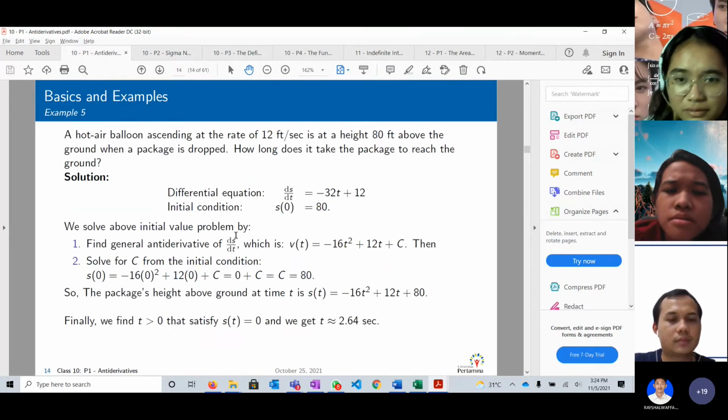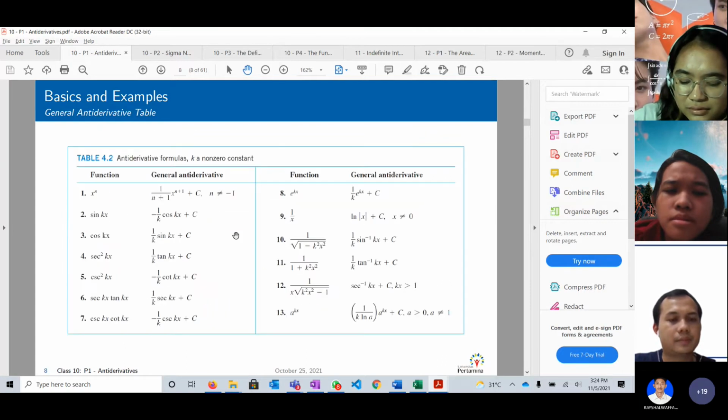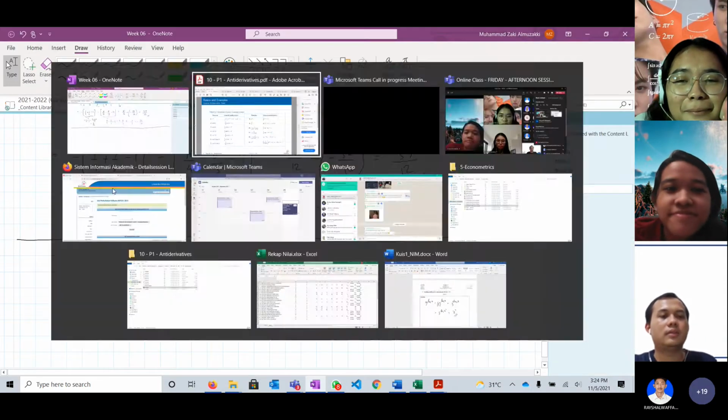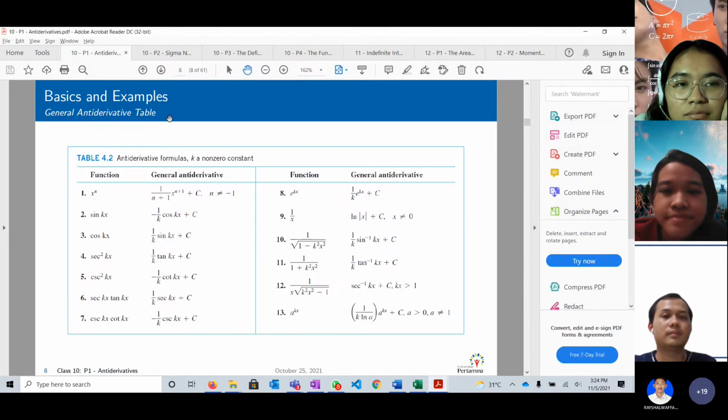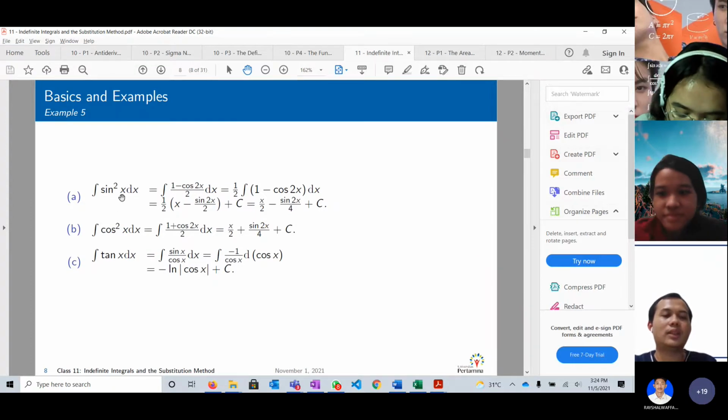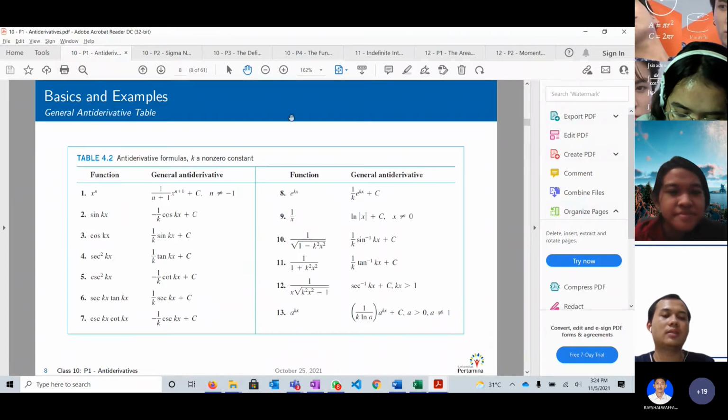Okay, if we want to integrate sine squared x, then we change it into 1 minus cosine 2x over 2, because we have the integral of cosine kx.